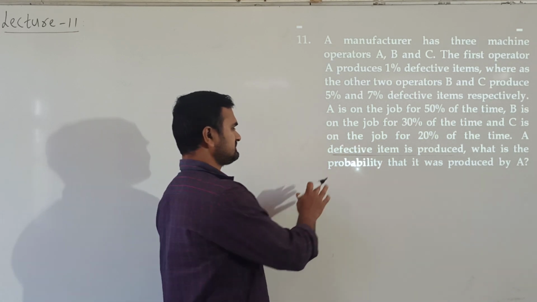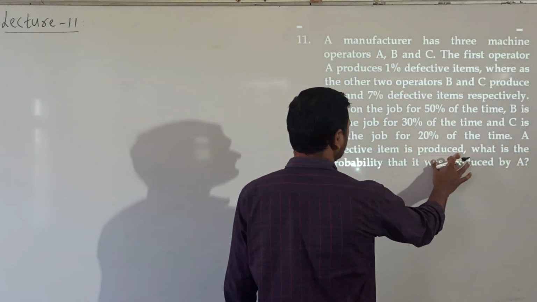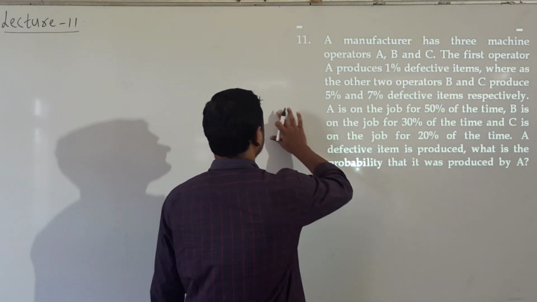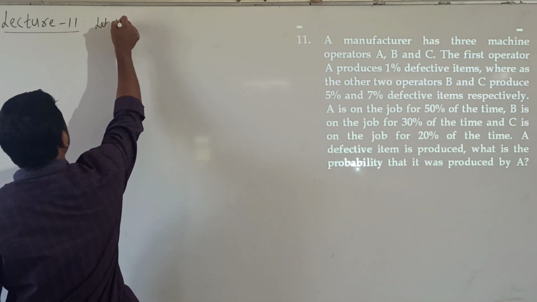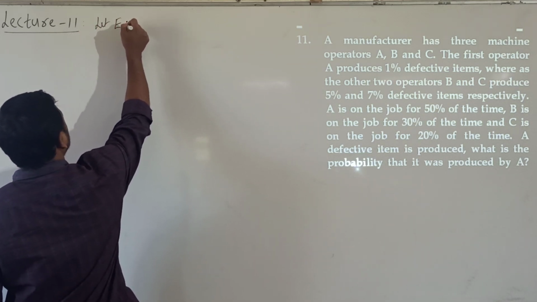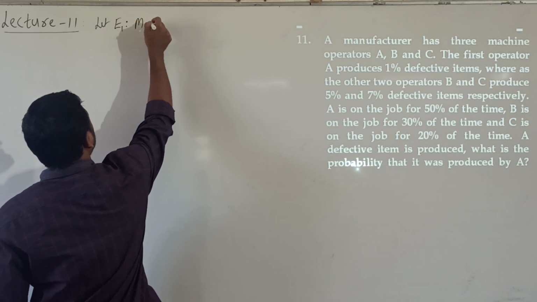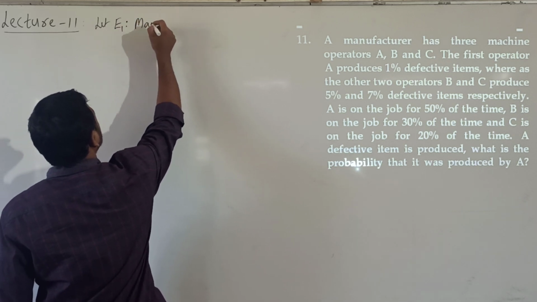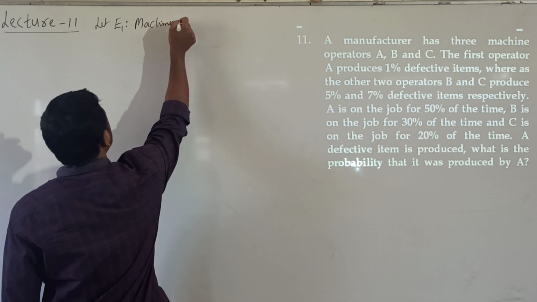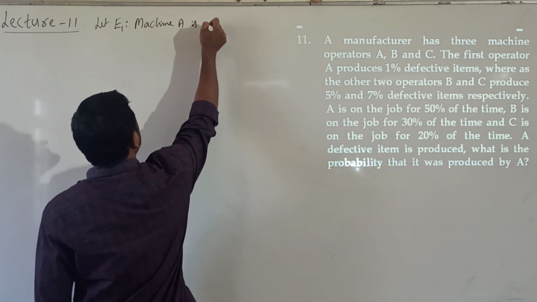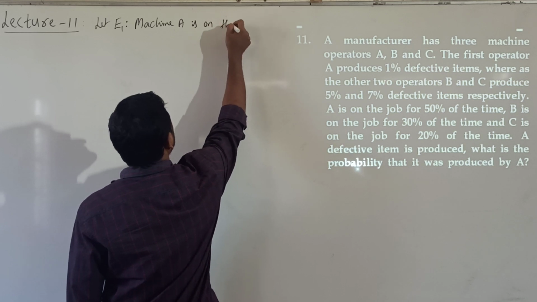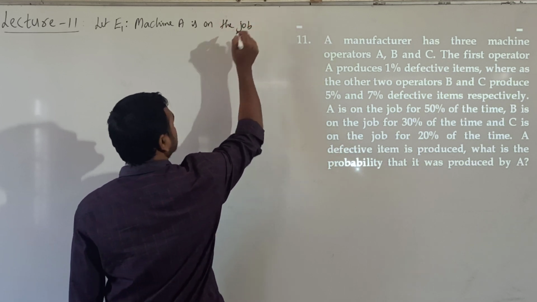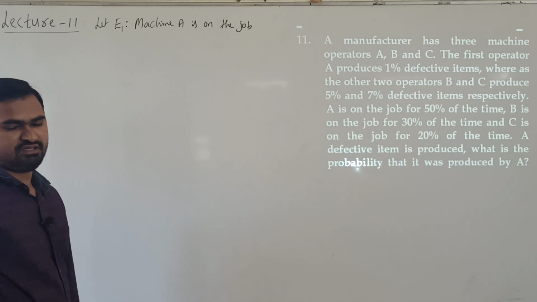Okay. So first we have to define three events here. Let E1 be the event that machine A is on the job.